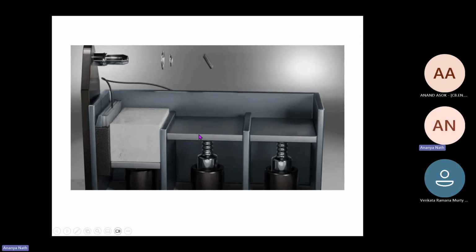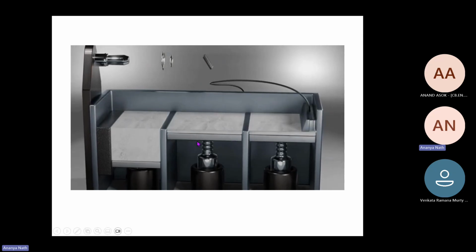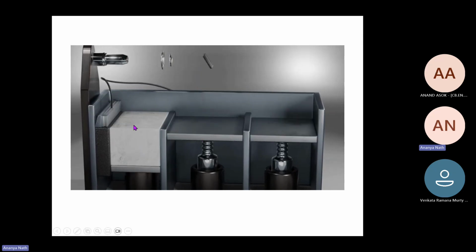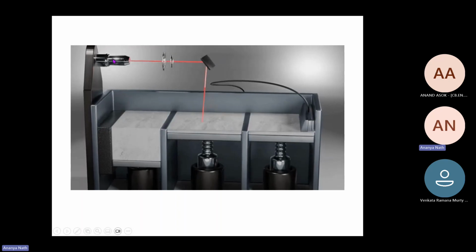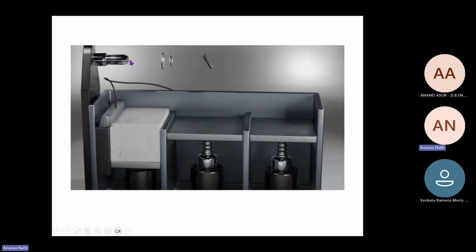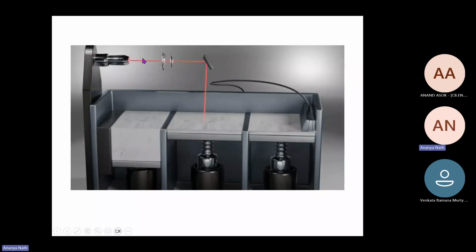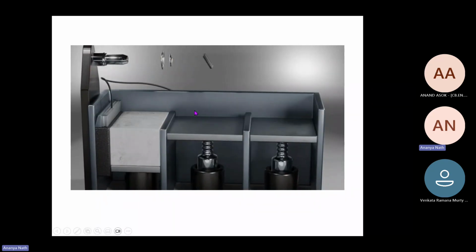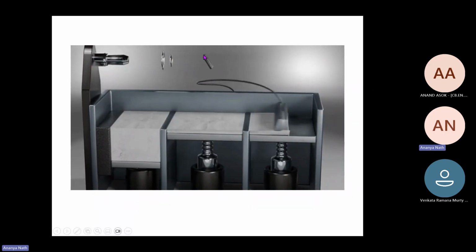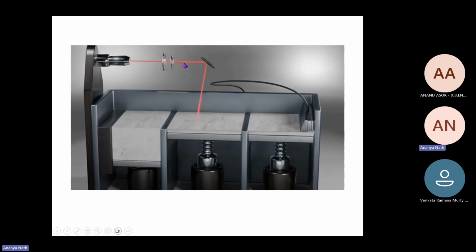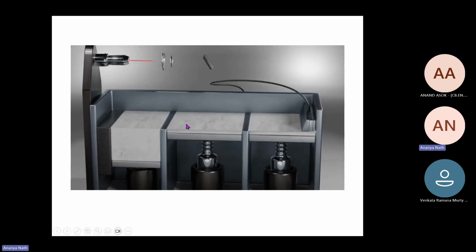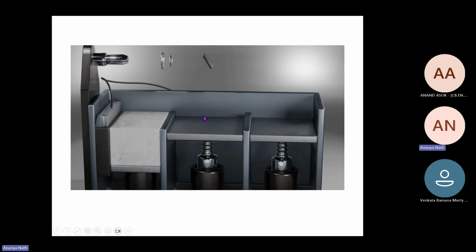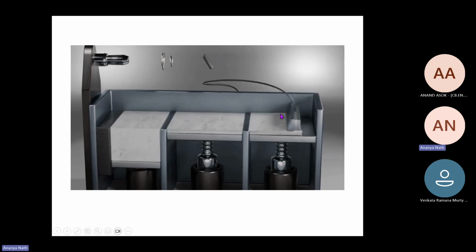This middle one is the build plate that goes down, and you get the printed part because this is the laser which is coming. This red laser you see, this is the laser that is coming. And this is the galvo scanner. This is the F theta lens. This is the galvo scanner, and you get the laser onto the build plate because of the motion of the galvo scanner.